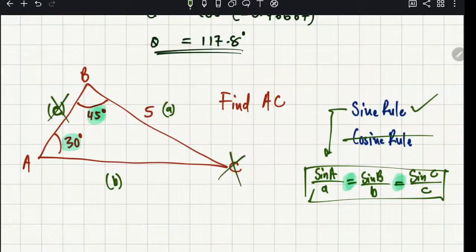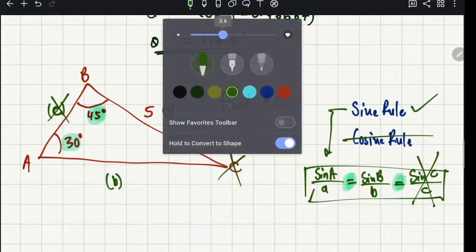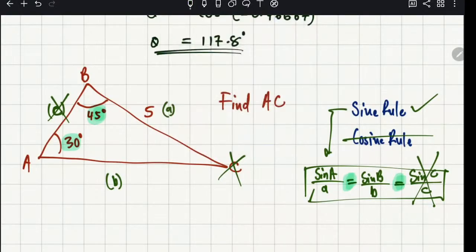So you cancel one way, you don't have the angle, and you don't have the side. For big B, we have the angle. We may not have side small b, but we have the angle big B. For A, we have both, so obviously C is out. So we go to our sine rule, we remove C. So the one we write for Cambridge is supposed to have A and B.